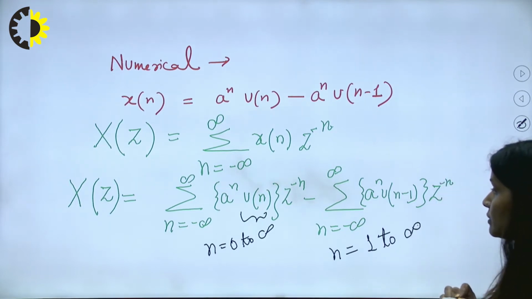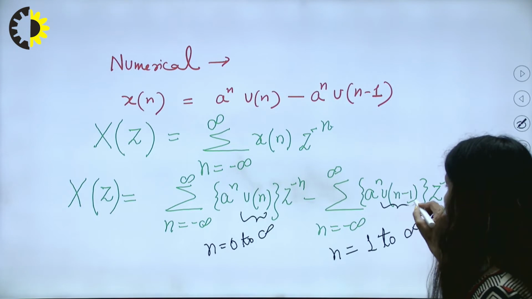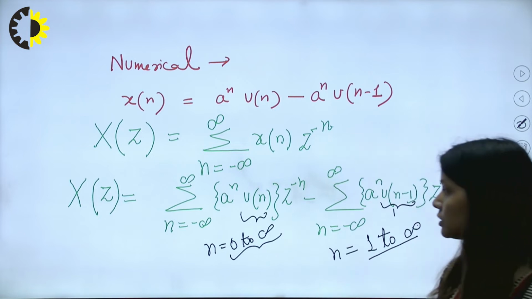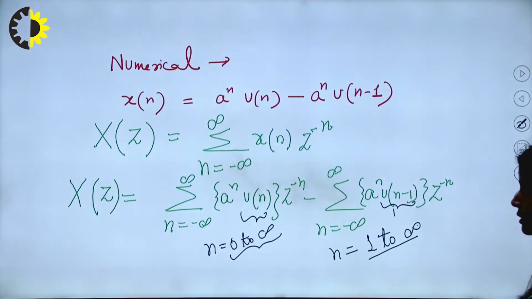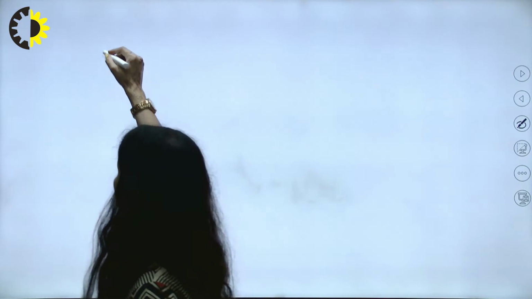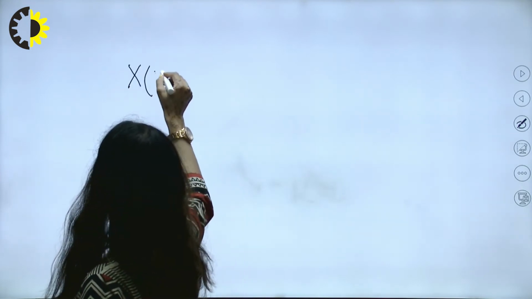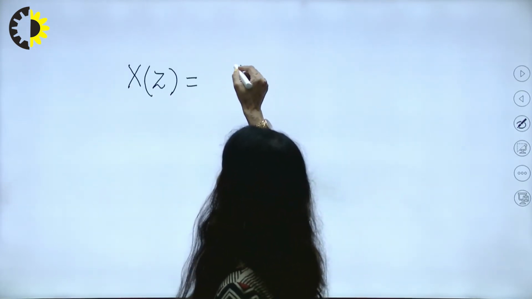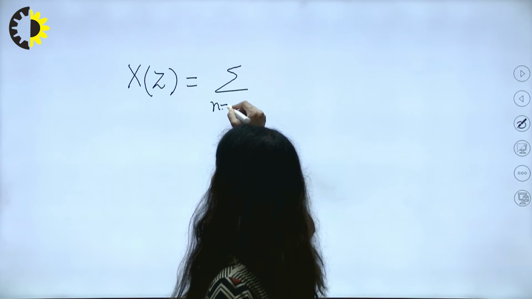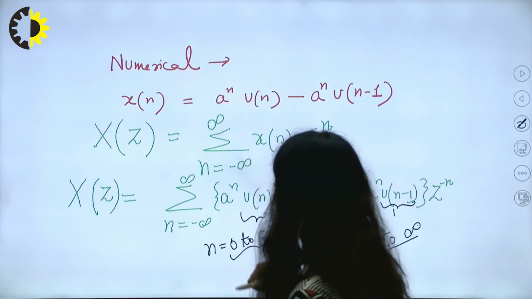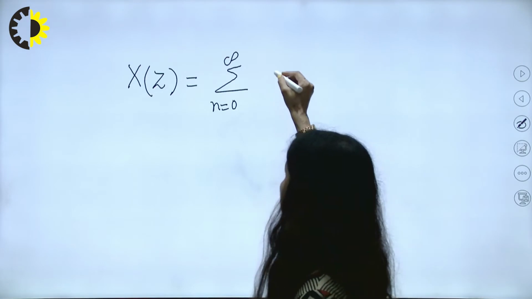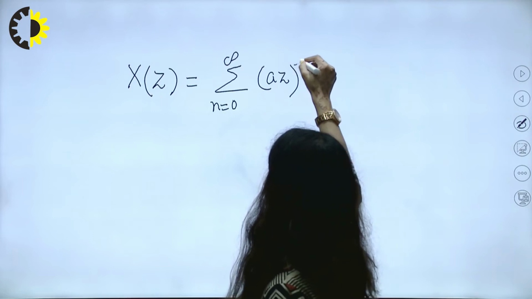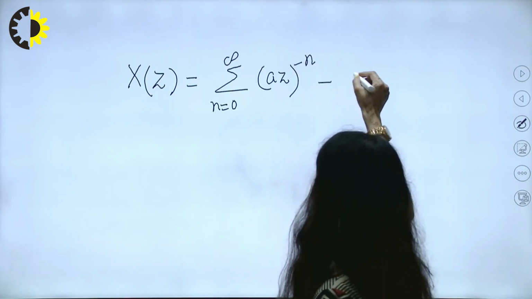So this is 1 for this range and that is 1 for that range, and my limits will change.